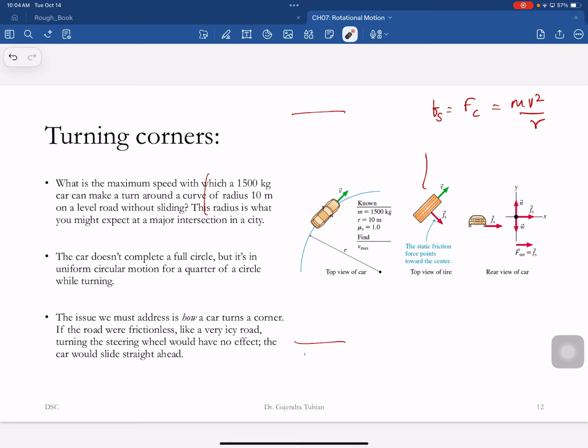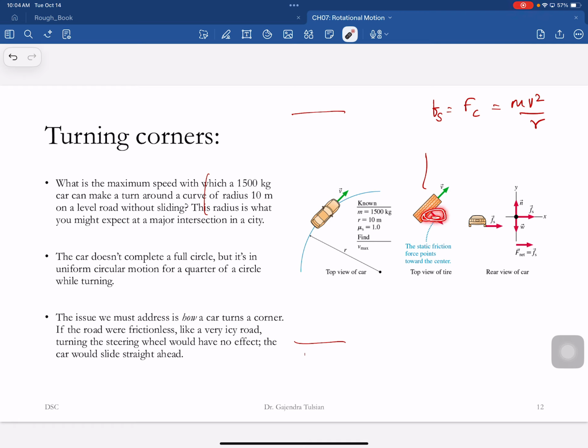So how can you prevent that? For these intersections, there's nothing you can do. But on exits on the highway, they bank the road. We'll see in a second, if you go on a banked road, and if you go at the speed that is marked on the exit, you don't need any friction.